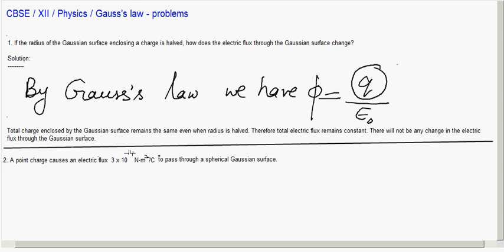Part A: calculate the value of the point charge.